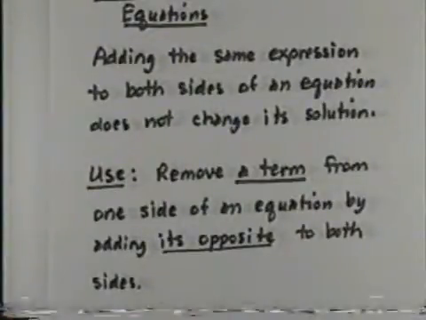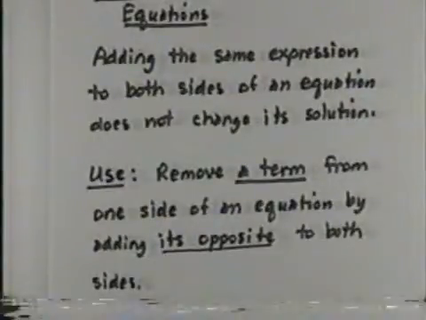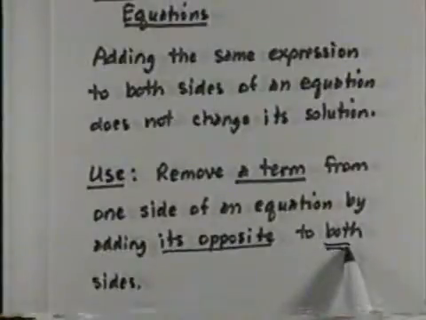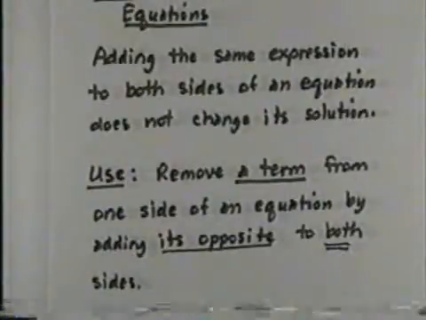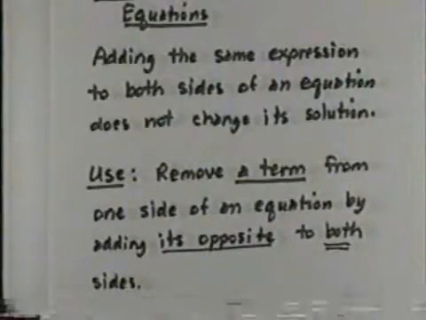Remember, however, that when you add something to one side of an equation, you must, by the golden rule, do it to the other side, and so we have both sides here. We must add the opposite of the term we want to remove to both sides of the equation. Let's look at some examples of putting this rule to work.